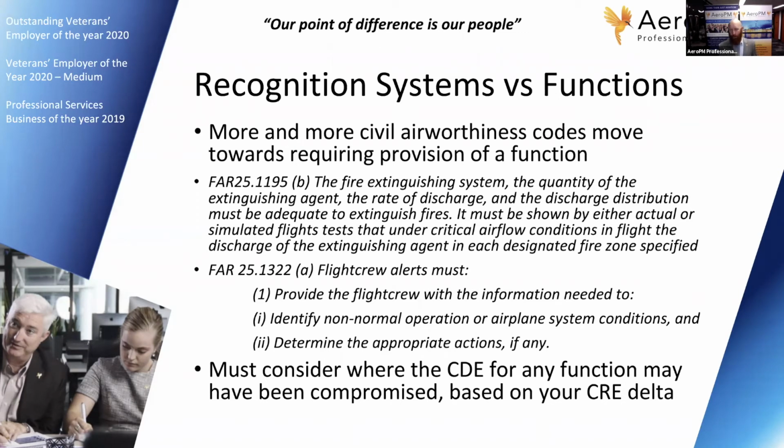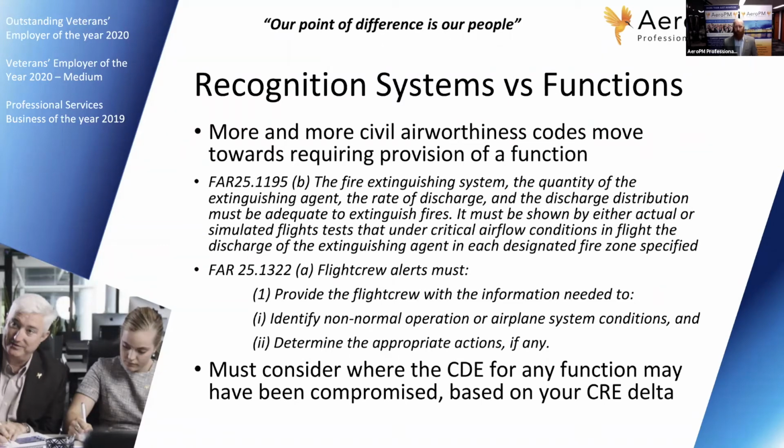And more certainly the FARs and the JARs from the FAA and the EASA publications, more and more they're moving towards functions over systems. They've specified an aircraft level function and put the onus on the aircraft designer to design a safe means of providing that function.